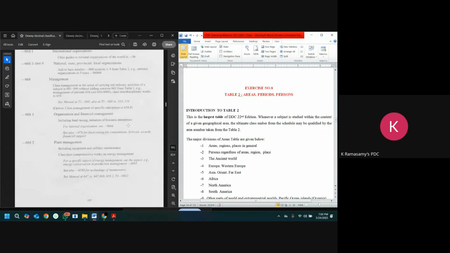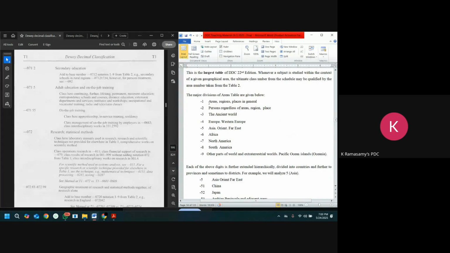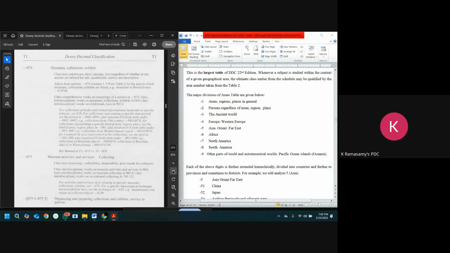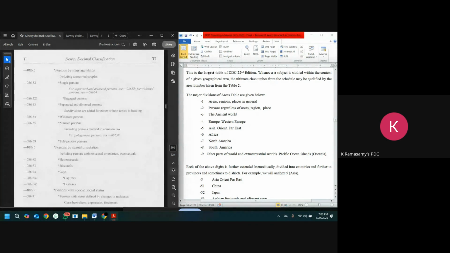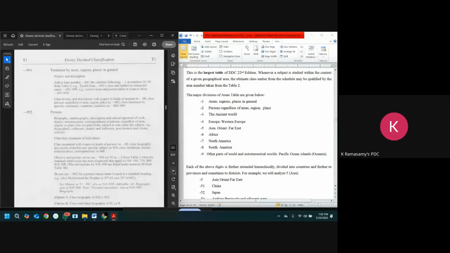For all these things, you can get numbers in table 2. Okay, so table 2 is divided this way. -1 stands for areas in general, 3 ancient world, 4 is Europe, 5 is Asia, 6 Africa, 7 North America, 8 South America, 9 stands for other areas. Okay, that's what table 2.